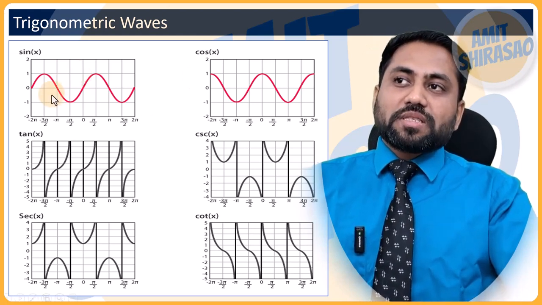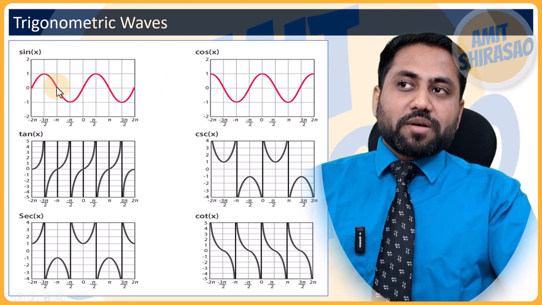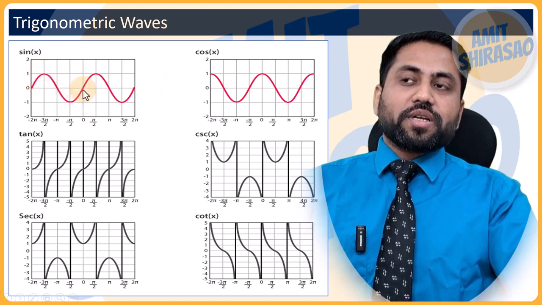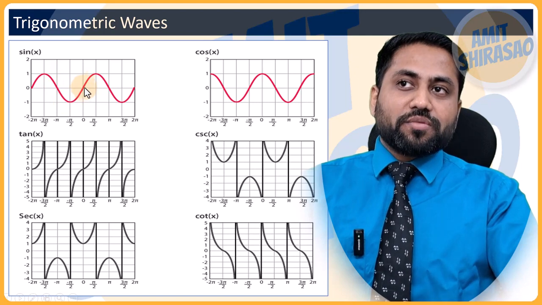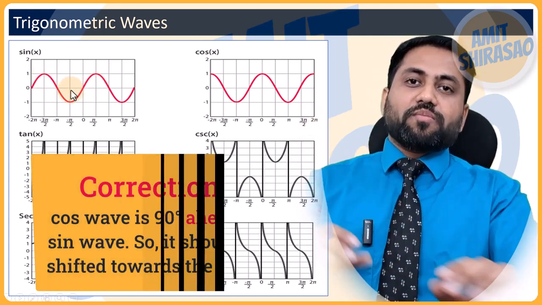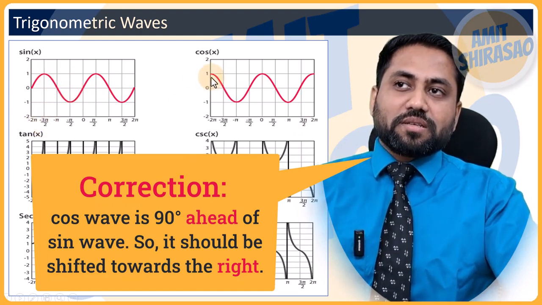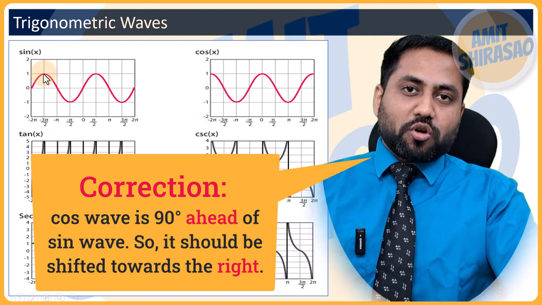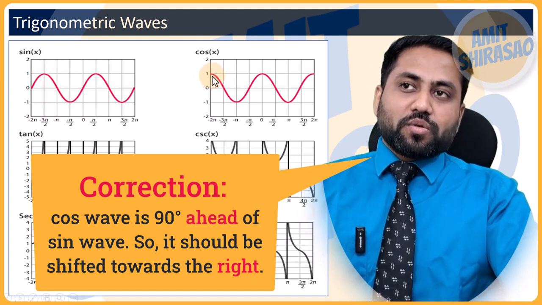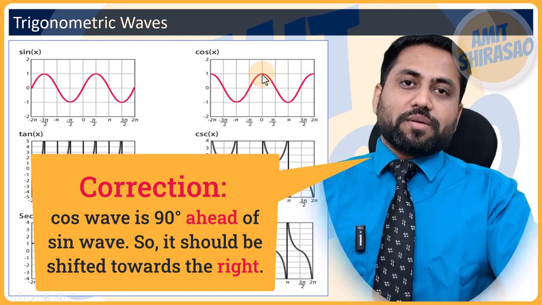So sine wave means something like this, which will start from 0, go up, come back, go down, and come back. That is called a sine wave. Cos wave is just this wave moved by 90 degrees, moving towards the left. So it starts from the top, goes all the way down, and then comes all the way up.